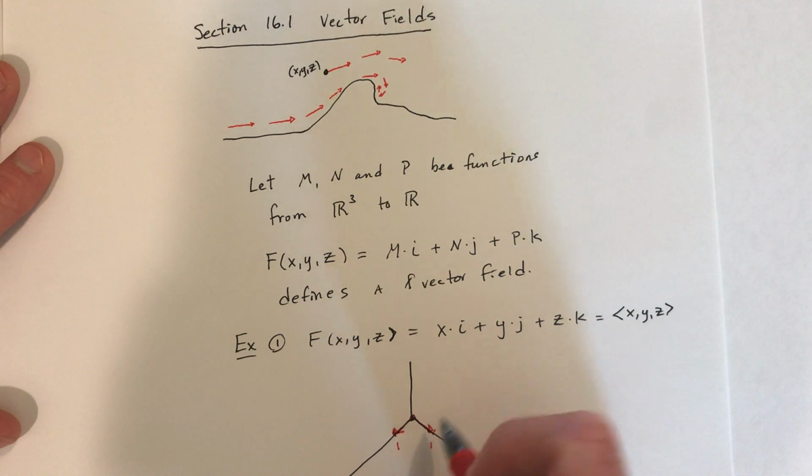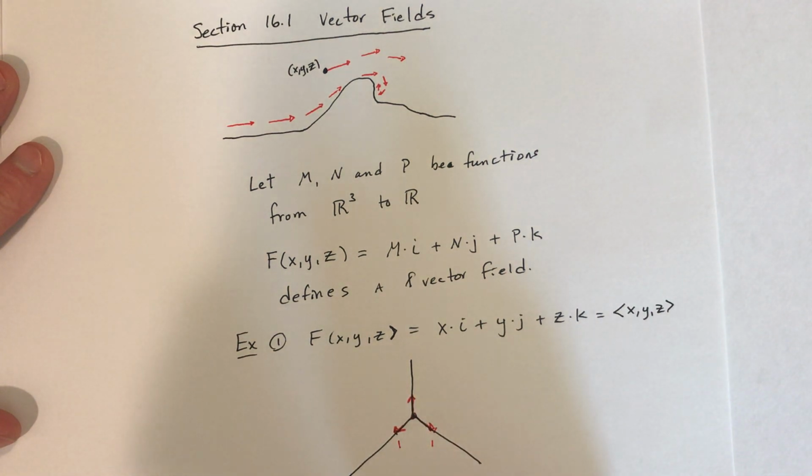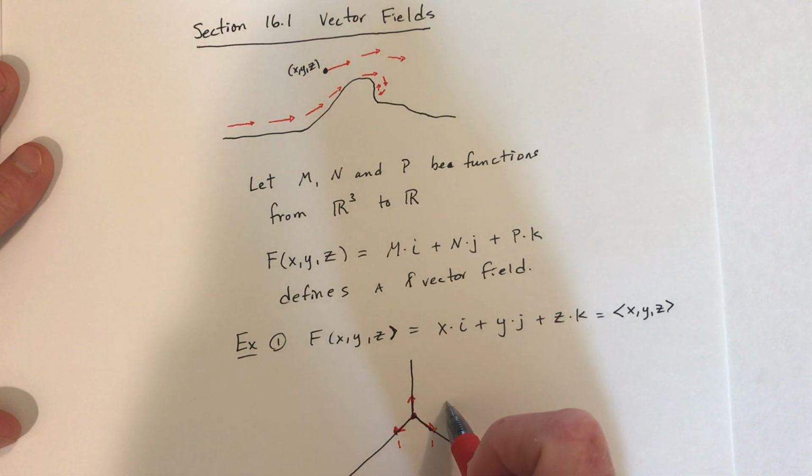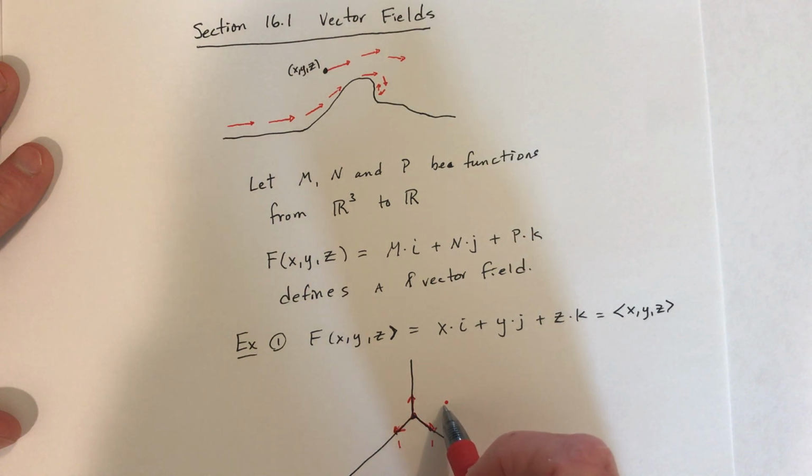And then 1 on the z-axis, it would be going up like this. Then what if you picked a point that is like right here? So if this was the point, go over by 1 in the x direction, go over by 1 in the y direction, and then go up in z, something like that.